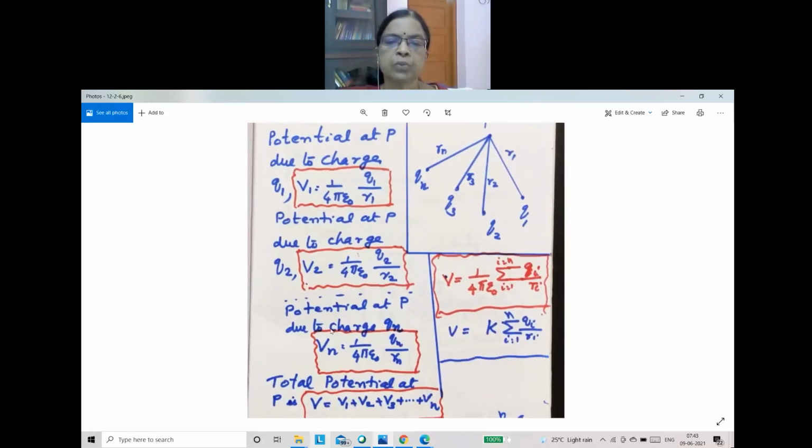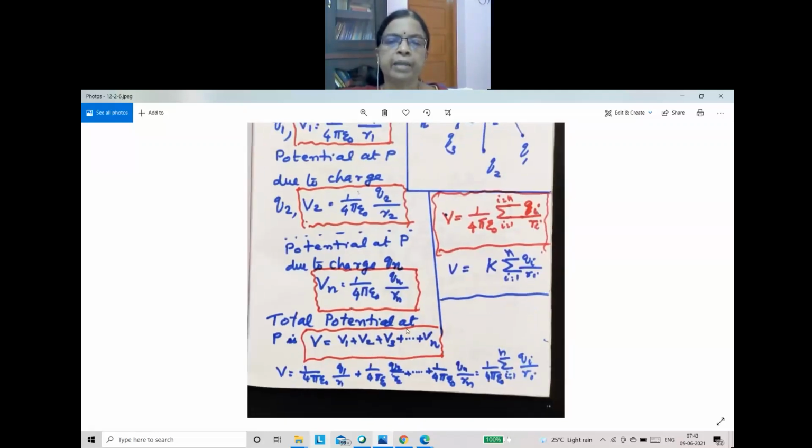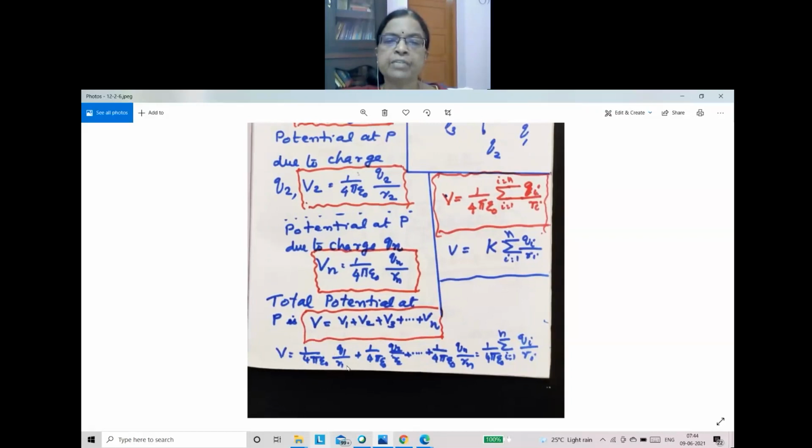So total potential we find by adding all the potentials. Total potential at P, V, is equal to V1 plus V2 plus V3 plus etc. plus Vn. We are adding all the potentials: 1 by 4 pi epsilon 0 Q1 by R1 plus 1 by 4 pi epsilon 0 Q2 by R2 plus etc. plus 1 by 4 pi epsilon 0 Qn by Rn. Then with the sigma we write it: 1 by 4 pi epsilon 0 is constant, so it is taken outside.